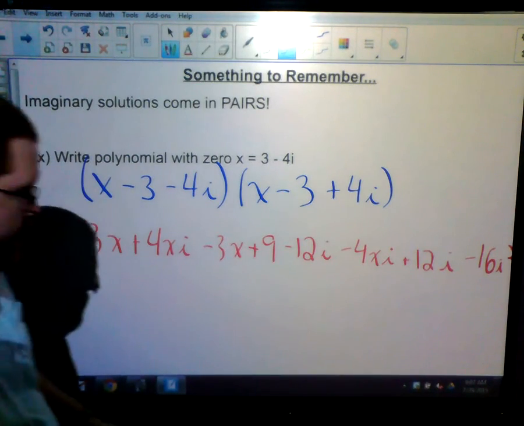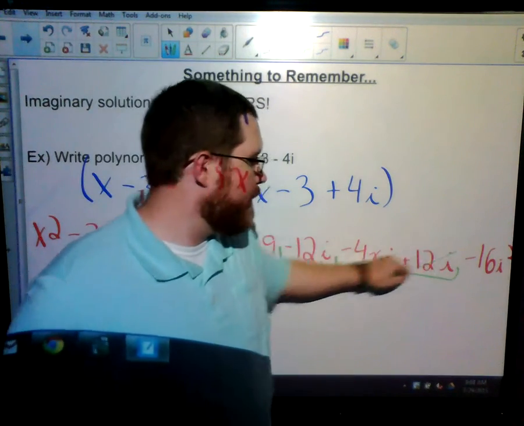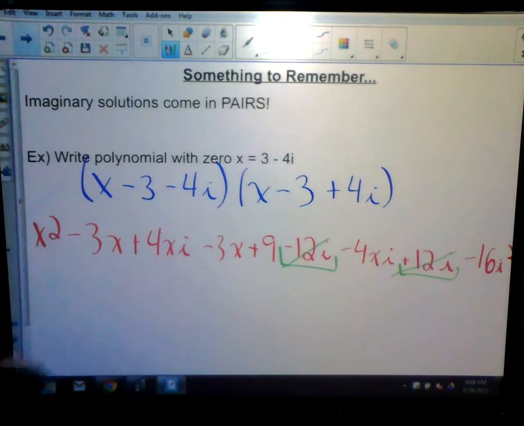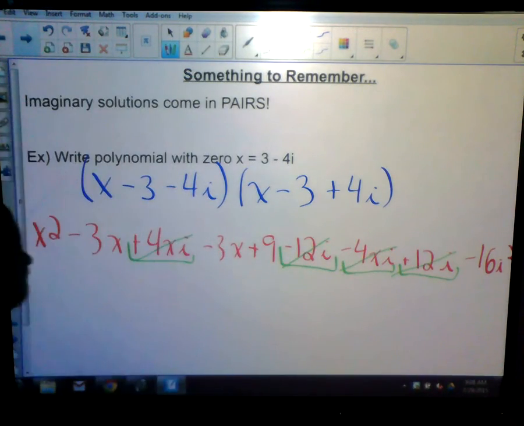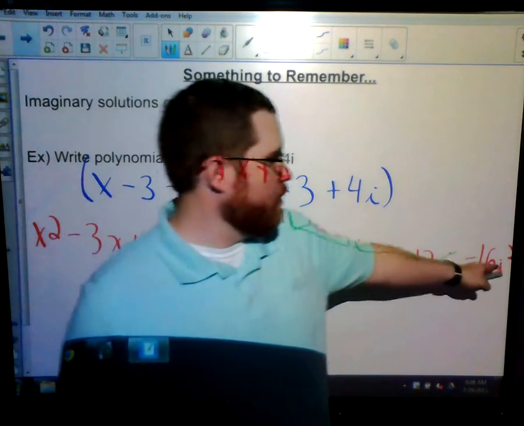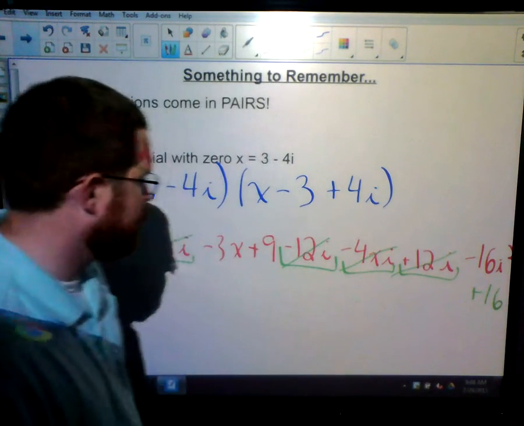Let's do some cleanup. Some things should cancel out. Minus 12i and plus 12i are gone. Plus 4xi and minus 4xi are gone. I squared is negative 1, but negative 1 times negative 16 makes that a positive 16.